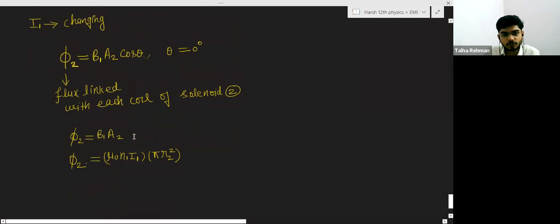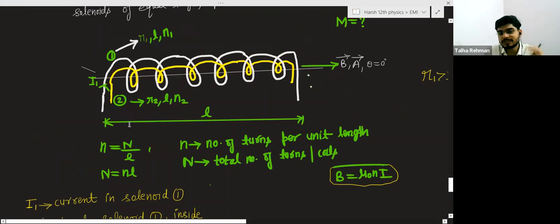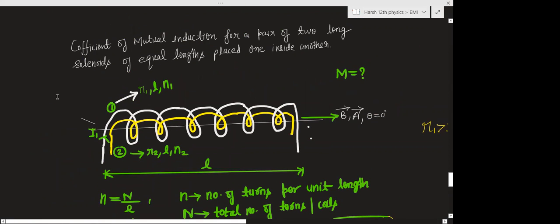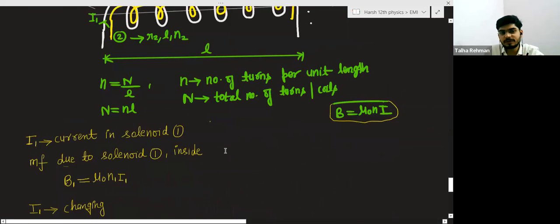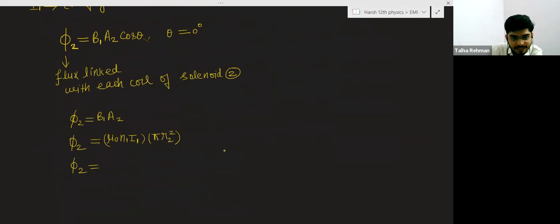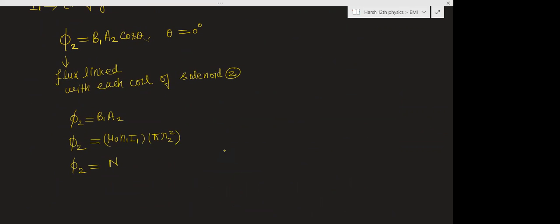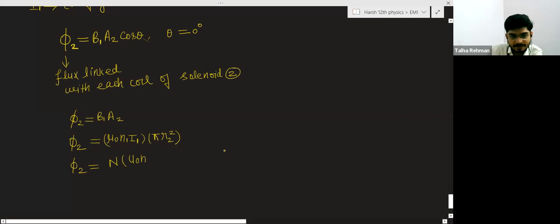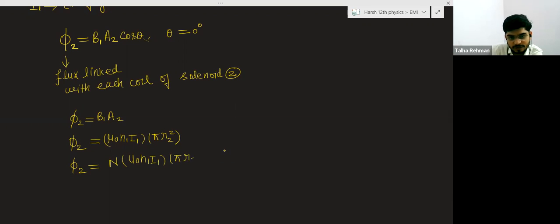This is the flux for one coil. For N coils, the flux will be multiplied by N, and this term multiplied by N, and phi 2 means mu 0 n1 I1 and pi of R2 square.